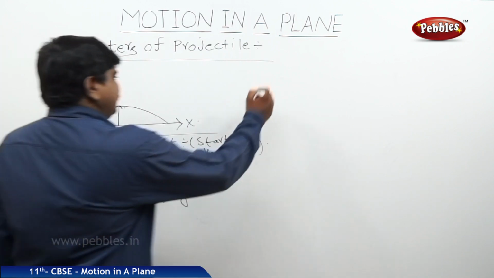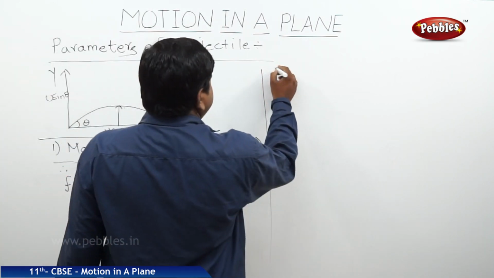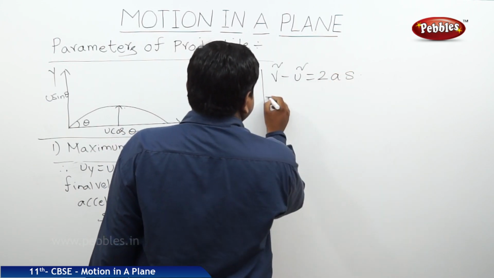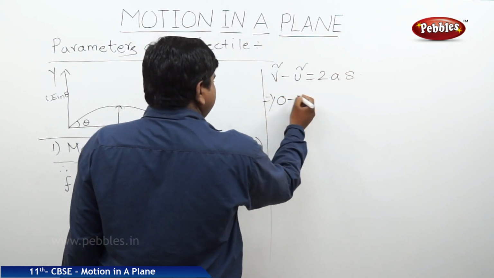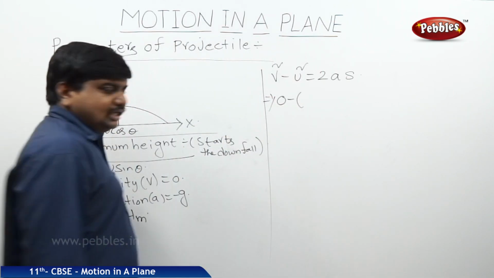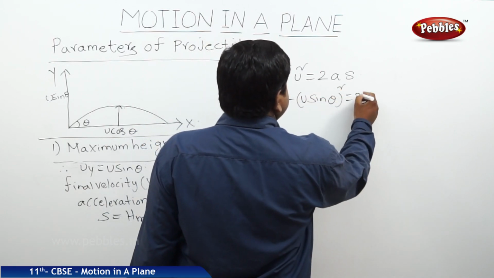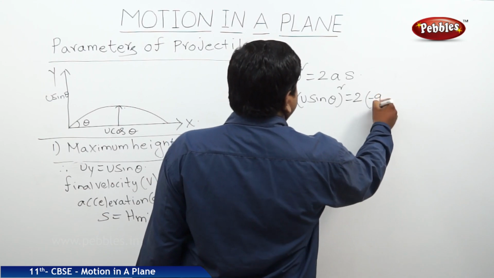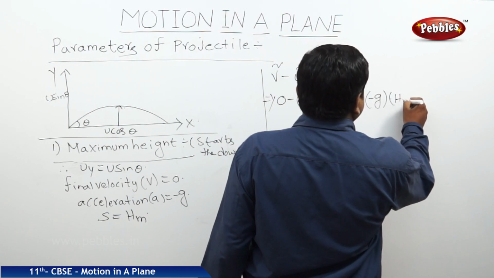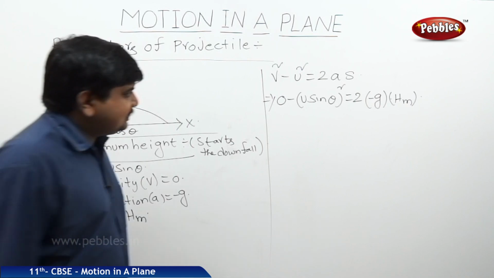So what are the equations we can use to find the solution? The equation is v square minus u square is equal to 2as. Final velocity is 0 minus the initial velocity along the y-axis is u sin theta whole square is equal to 2 into where acceleration is minus g, where s is hm, nothing but the distance travelled by the body in vertical direction is maximum height.